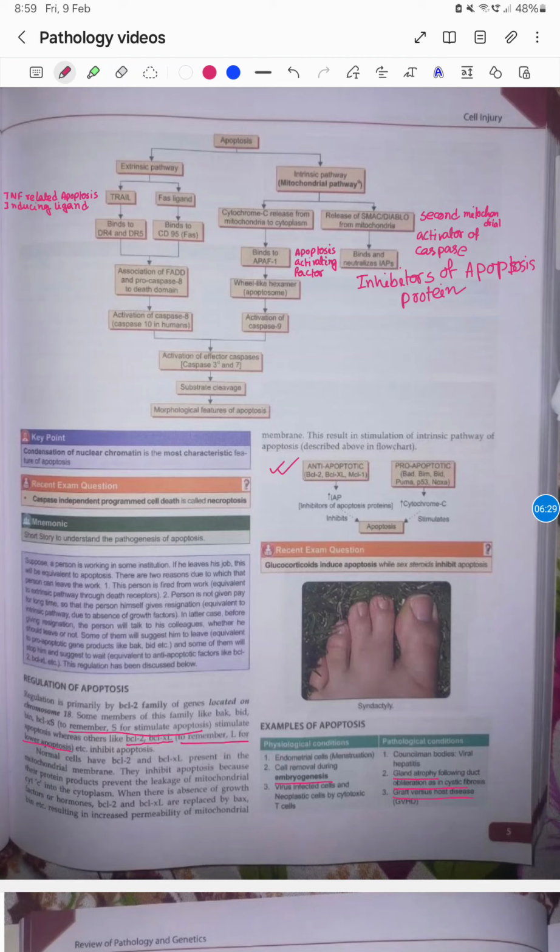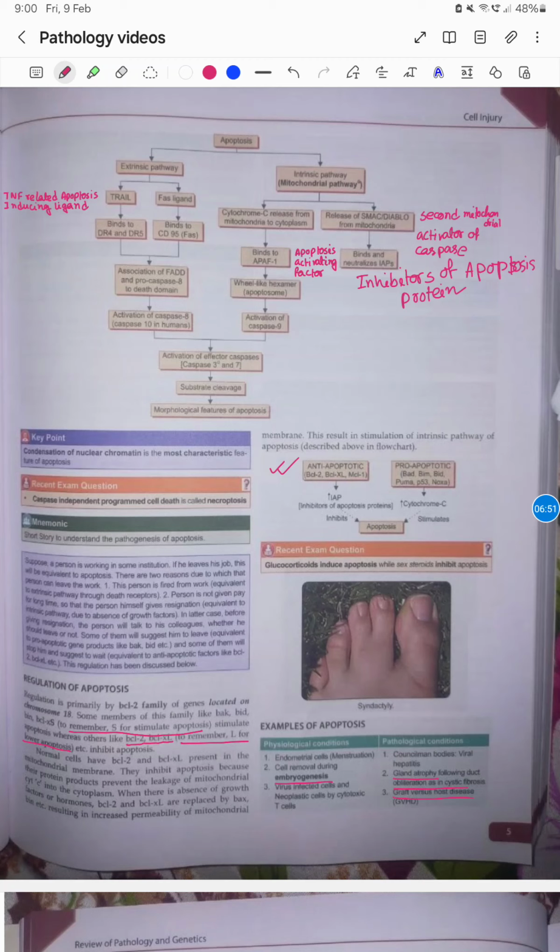Now through the intrinsic pathway, cytochrome C will be released from the mitochondria, binds to APAF1, that is apoptosis activating factor 1. It will form a wheel-like hexamer, the apoptosome, that will cause activation of caspase 9. And in another way, release of SMAC or DIABLO.